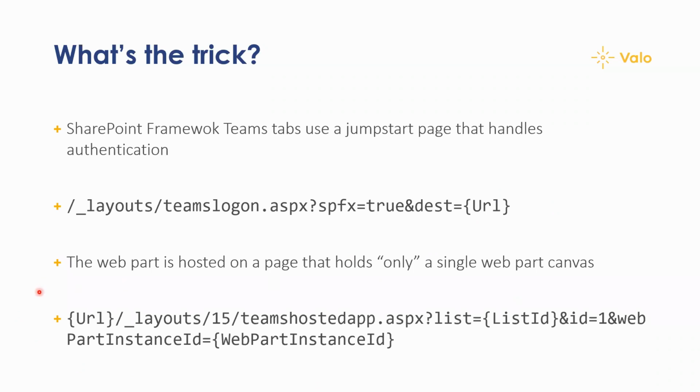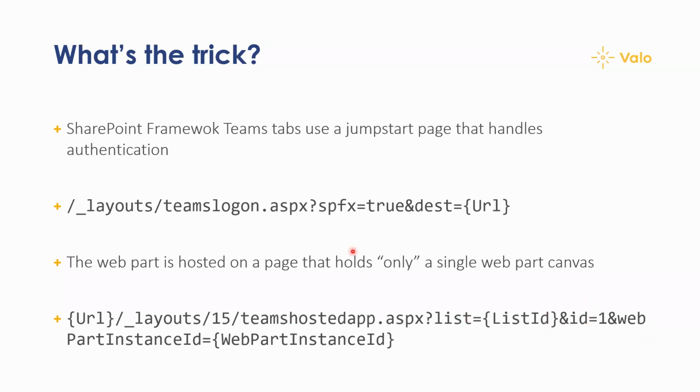Look at this URL. It's the current site /_layouts/15/teamshostedapp.aspx. It is a page that just renders a single web part in full screen, where you have a list ID, the ID of the web part, and the instance ID.